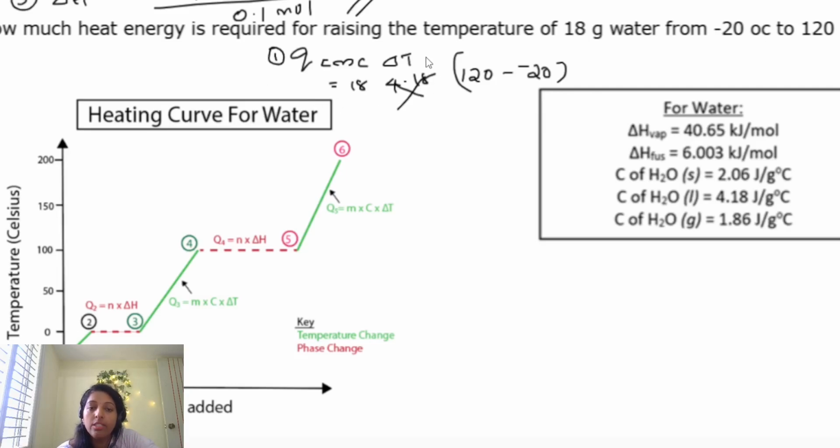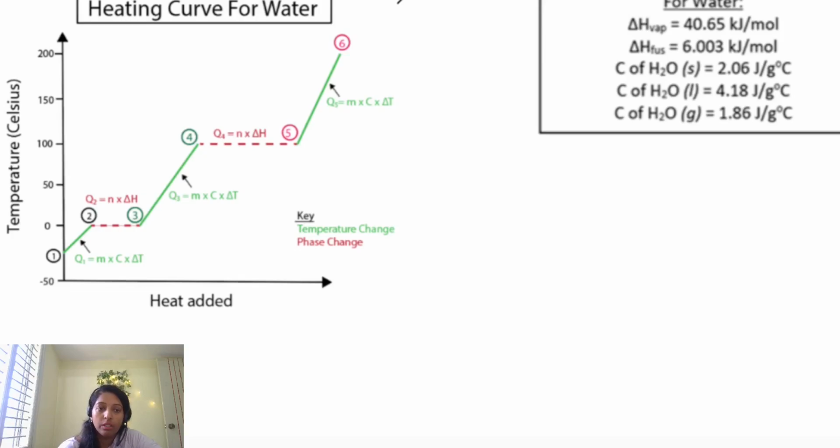And also there will be some stages where delta T is 0. When you are heating from minus 20 to 120, there will be some stages where temperature change is not there, even though you are adding heat energy. See the heating curve. While you are adding heat, the temperature change is not continuous. From minus 20 to 0 the temperature continuously increases.